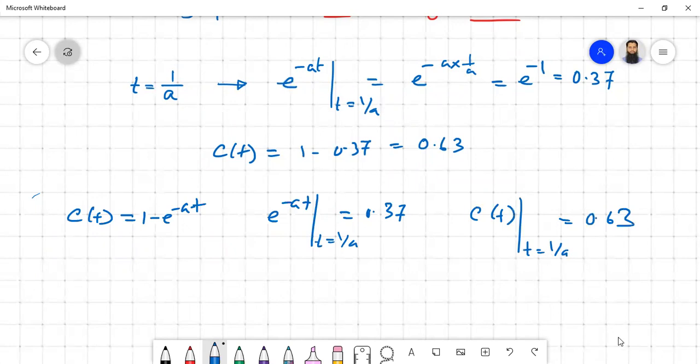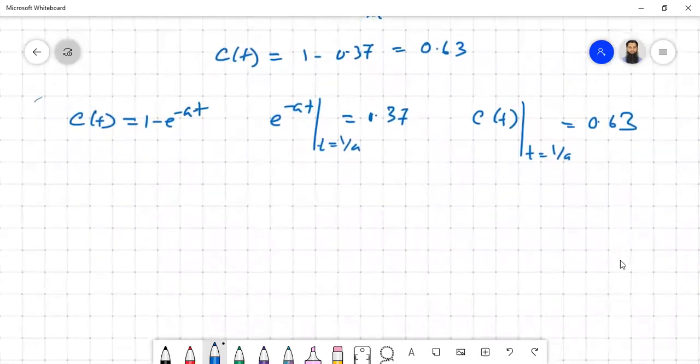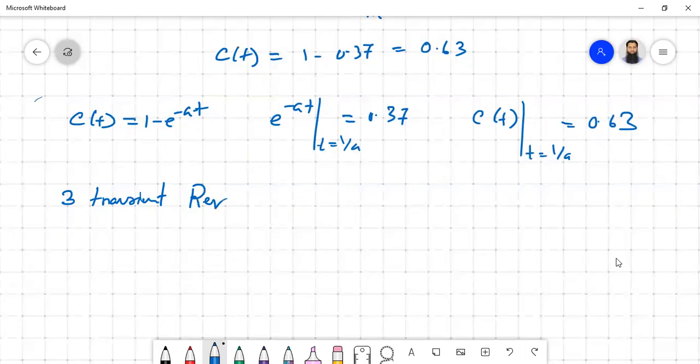So based on these three equations, let us define the three transient response performance specifications of the first order system.